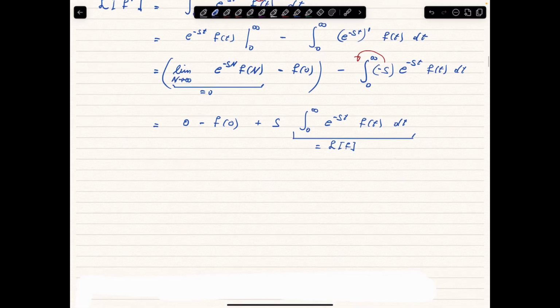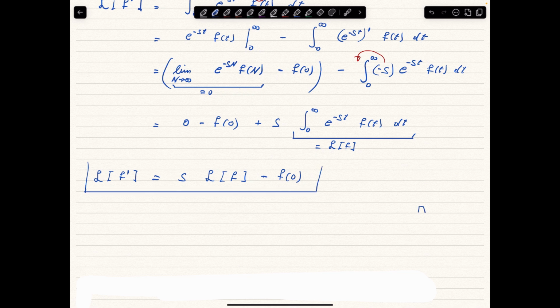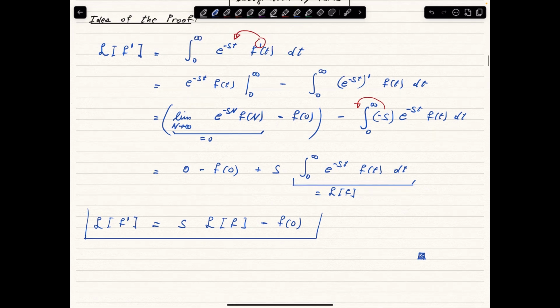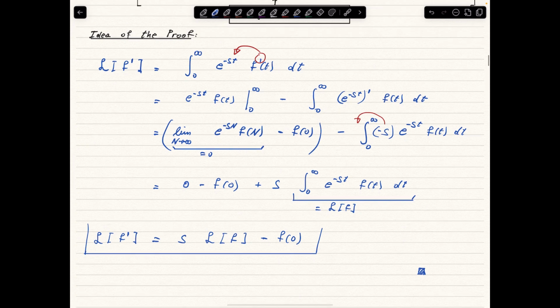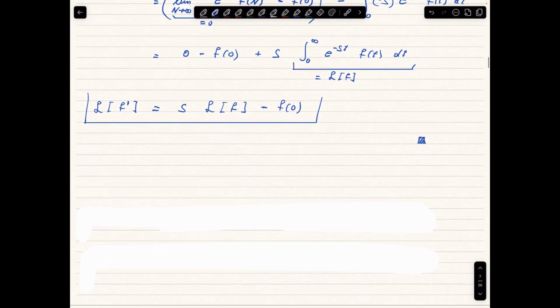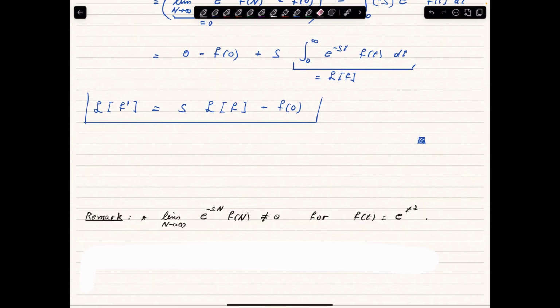So we end up with the formula that the Laplace transform of the derivative of a function is equal to s times the Laplace transform of the function without the derivative, and then there is an extra term that comes from the integration by parts. And this is how we prove this result, which is a very important result because the Laplace transform changes derivatives into multiplications.